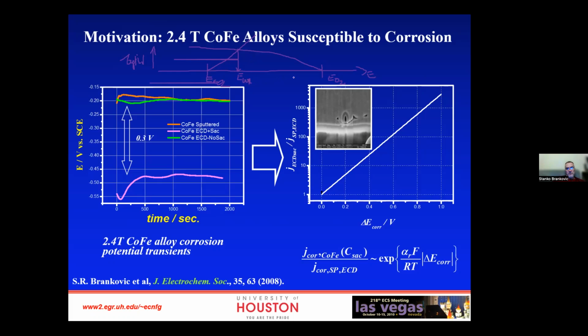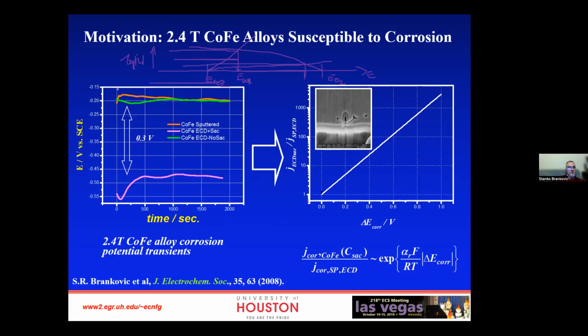I just want to show you something. If, for example, this activation control is very slow, which means it has this low slope, the corrosion potential will be here. This corrosion potential will be more positive than this one. But the corrosion rate, as you can see in this case, the value of this log I will be much lower than the value of this log I.